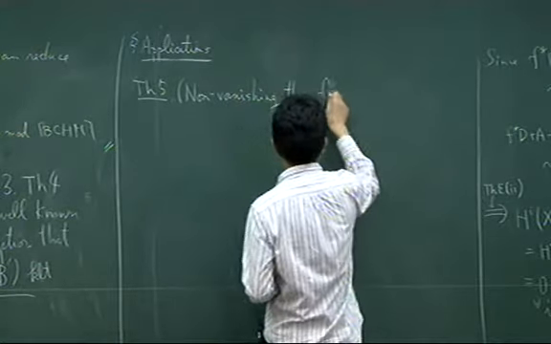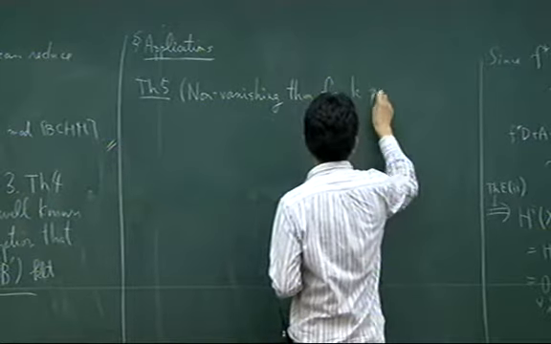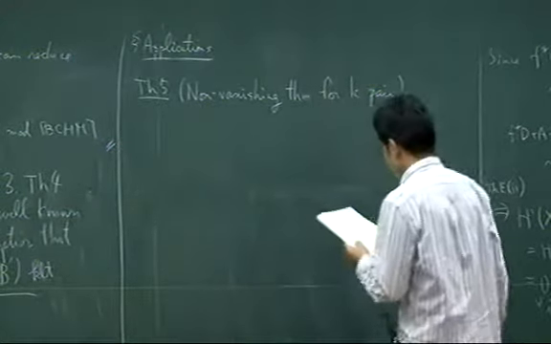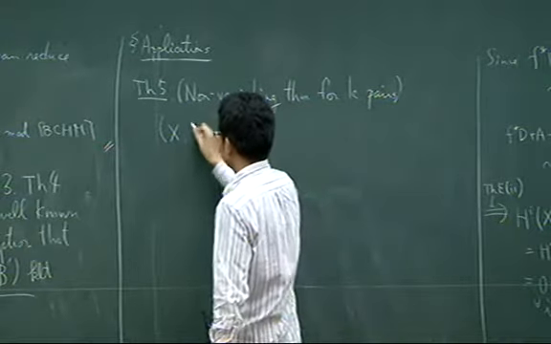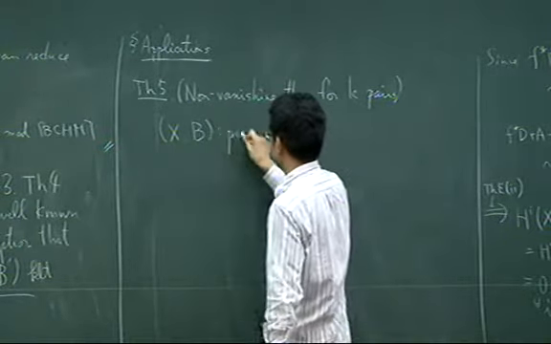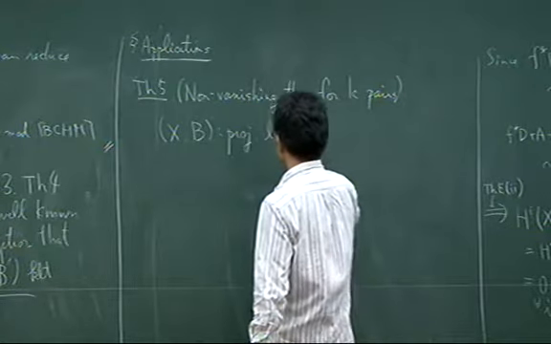Theorem for log canonical pairs. X B is a projective log canonical pair, LC pair.